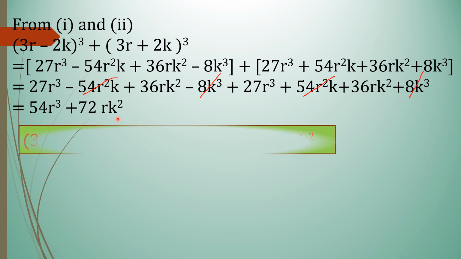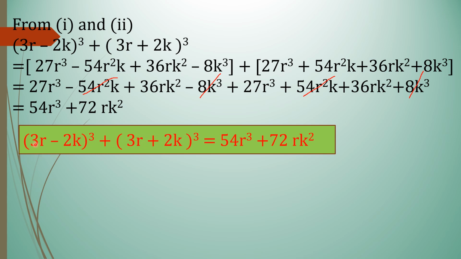So the final answer: therefore 3r minus 2k the whole cube plus 3r plus 2k the whole cube equals 54r cube plus 72 r k square. I hope you are getting it. In simplification, you have to use both the formulas, a plus b the whole cube and a minus b the whole cube. So I hope you got this concept.